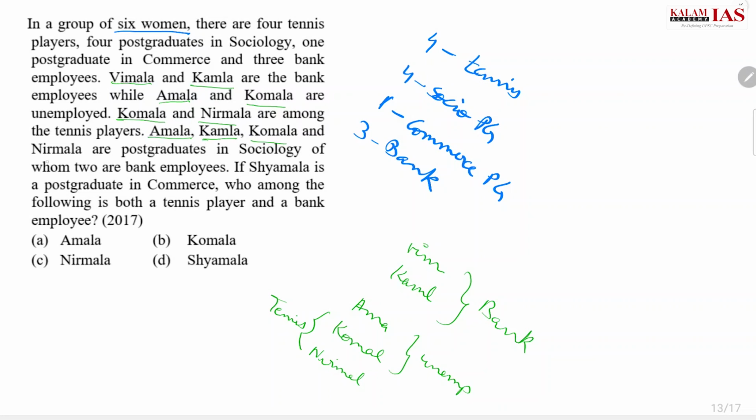Amla, Kamla, Komal, Nirmala are postgraduates in sociology. These 4 are postgraduates in sociology.